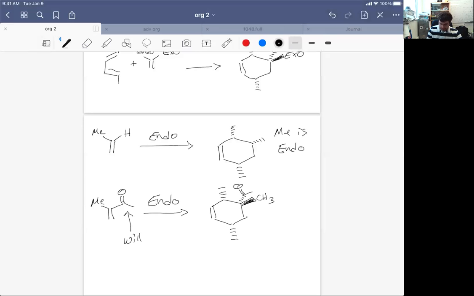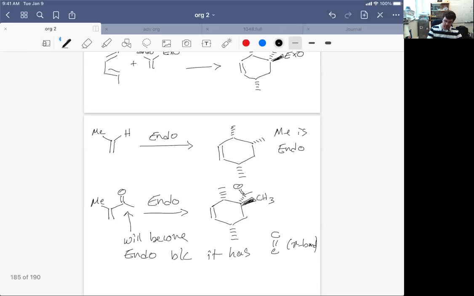So this dienophile will reorient itself to become endo because it has a CO double bond, which is just another pi bond.